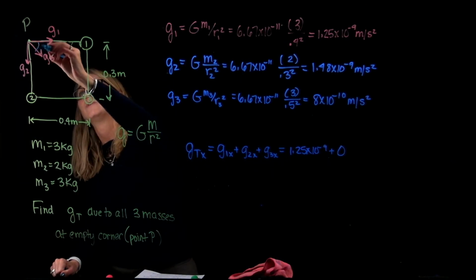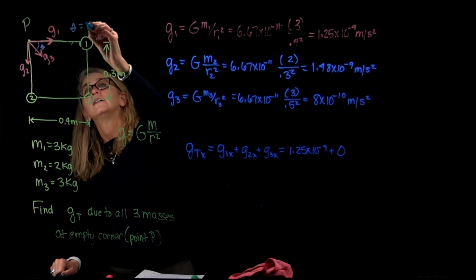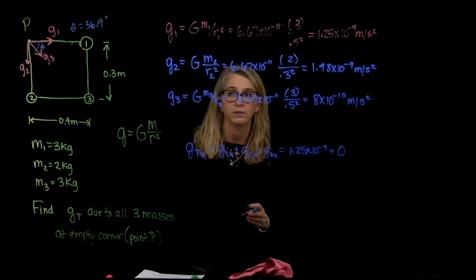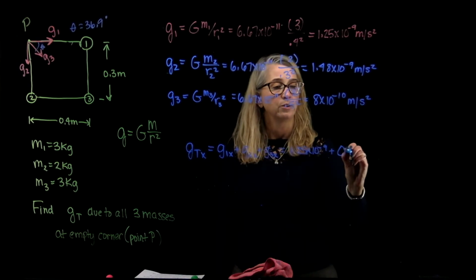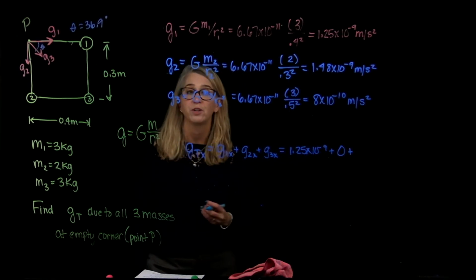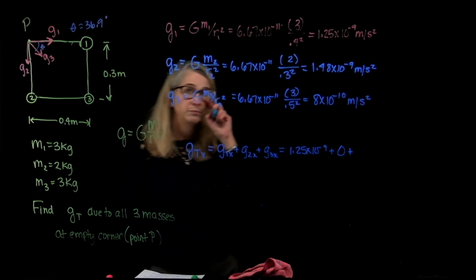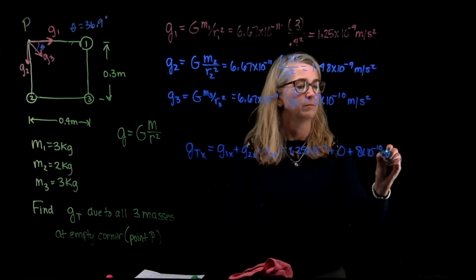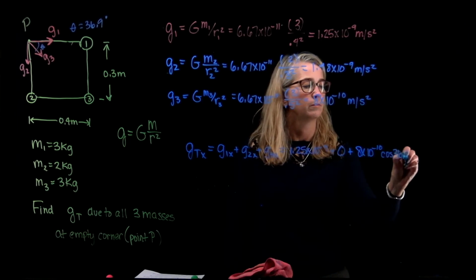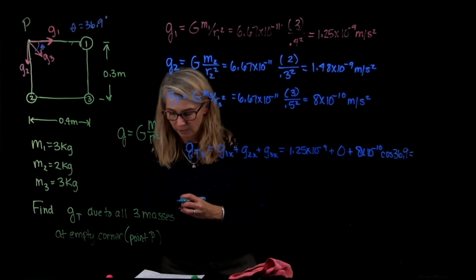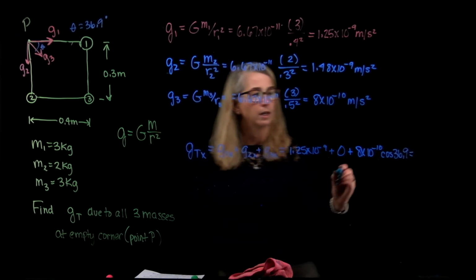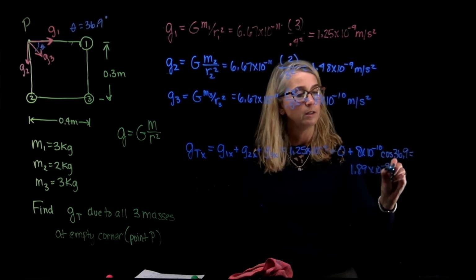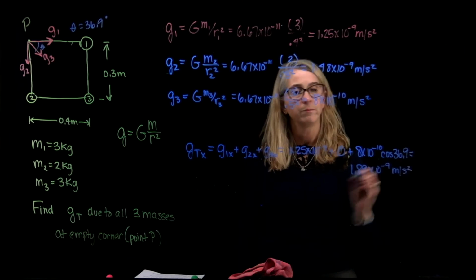G3 has an x component, where that angle theta is 36.9 degrees. I'll let you do the math to figure that out. We would use G3 times the cosine of that angle. When we add those together to find my total x component, I get 1.89 times 10 to the minus 9 meters per second squared.